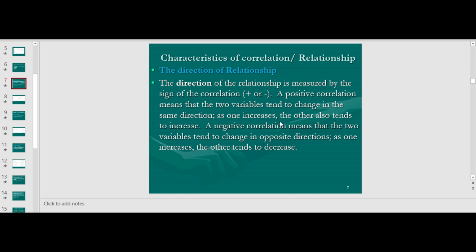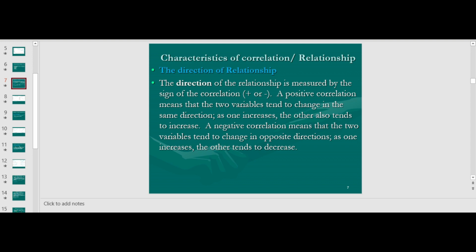As one increases, the other also tends to increase. As the value of the x variable increases from one individual to another, the y variable also tends to increase. When the x variable decreases, the y variable also decreases.